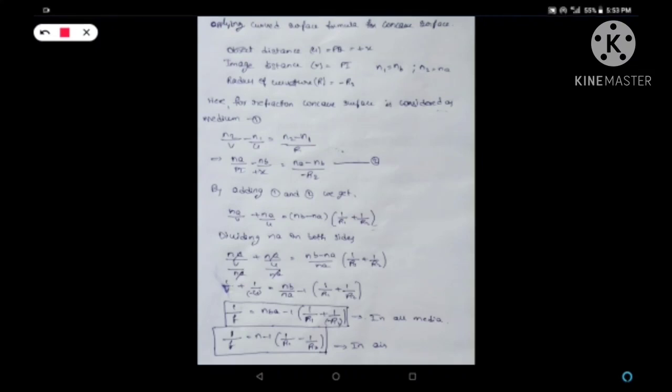Because the refractive index of air is 1, after substituting the Na value as 1, the Nb is not affected. So 1 by f is equal to n minus 1 into 1 by R1 minus 1 by R2 for air as the medium. This is the most important derivation in the curved surface chapter, guys.